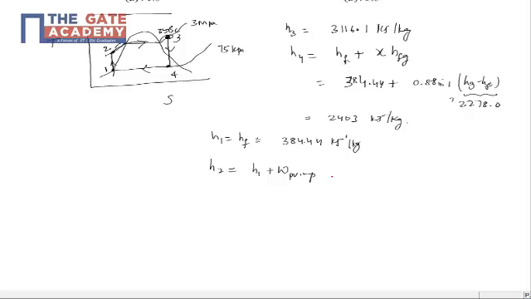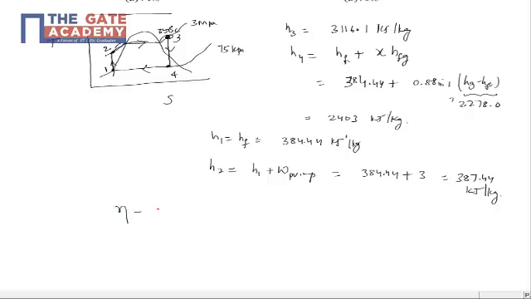The work done by the pump increases the enthalpy. H1 we know is 384.44 plus the work done by the pump, 3 kilojoules, so it is 387.44 kilojoules per kg. So we got H2, we got H1.